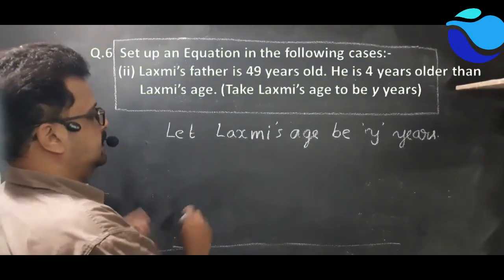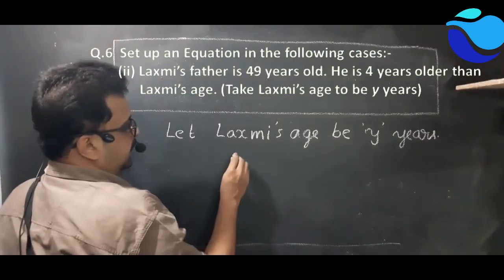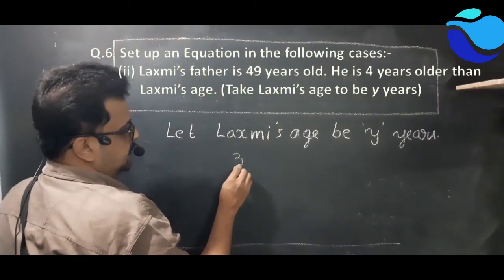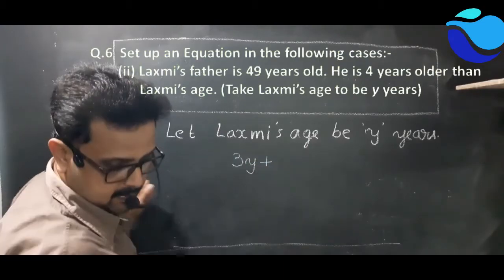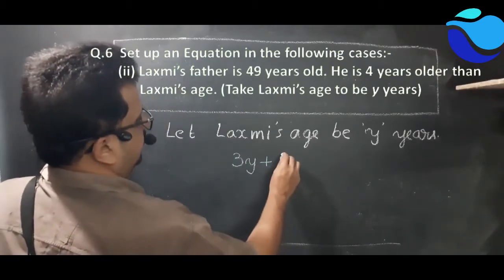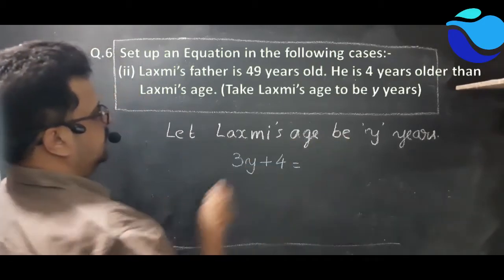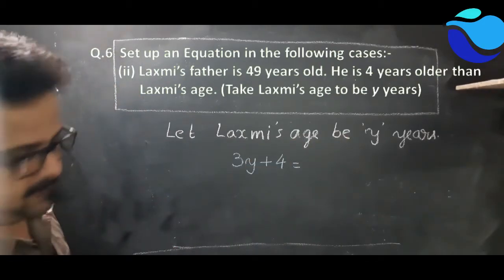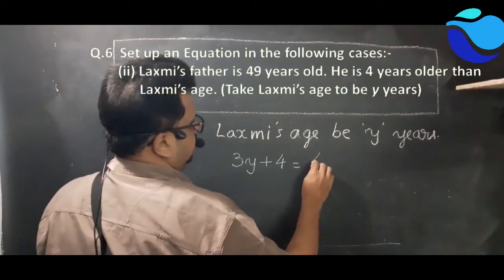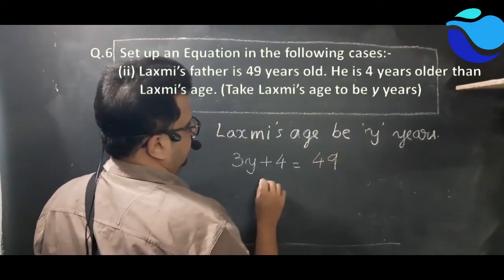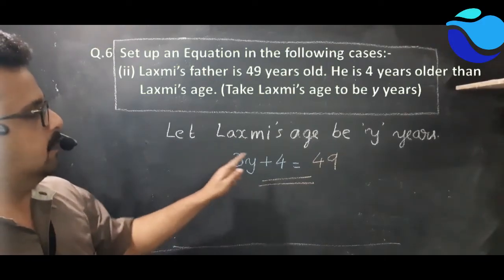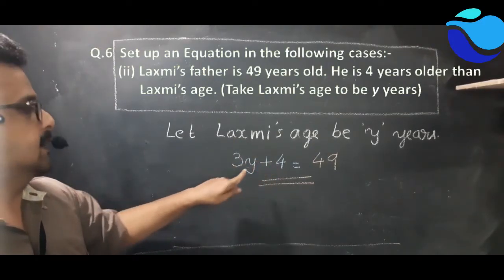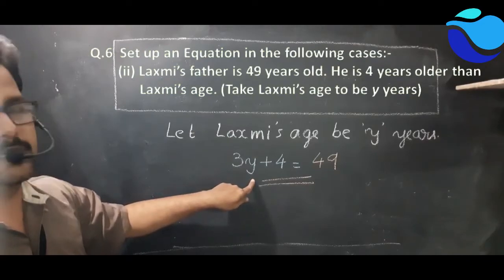So 3 times Lakshmi's age, we have taken y, so 3 into y, that is 3y, and how much more? 3y plus 4. And what is the age given here? It is 49. 3y plus 4 equal to 49. This is the equation.